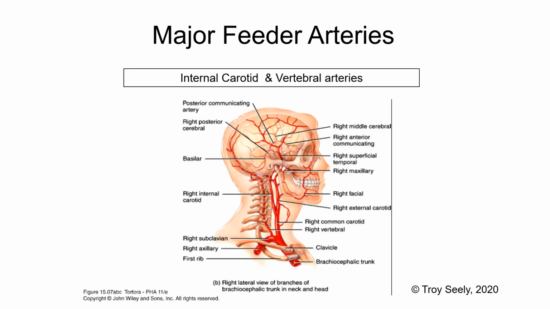Now that we have a bit of an appreciation of how much the brain relies on consistency of blood flow and thereby consistency of oxygen delivered to the tissues, let's also appreciate some of the major feeder arteries that are involved. And these feeder arteries, deemed that because they do feed important blood flow to the brain, have various pathways that go up.